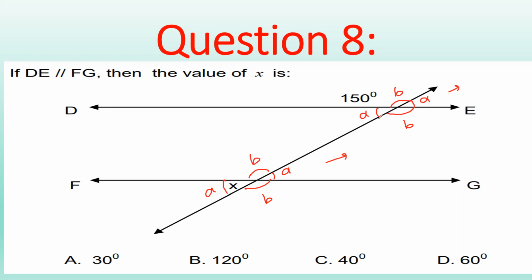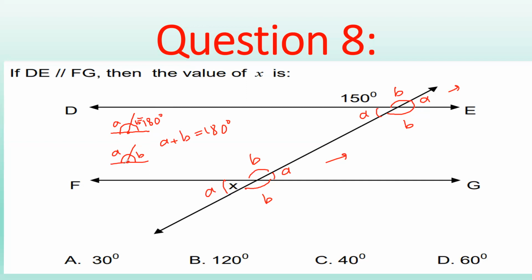Now, another thing we know: if you have a line like this, the total angle is 180, right? If you cut from somewhere, these two angles, A and B, when you add them, equal 180. So A plus B equals 180 degrees, a half circle.